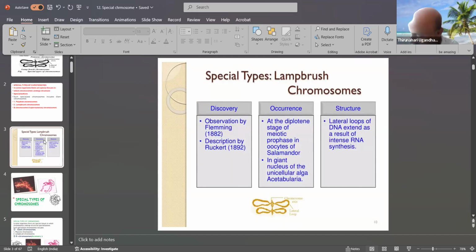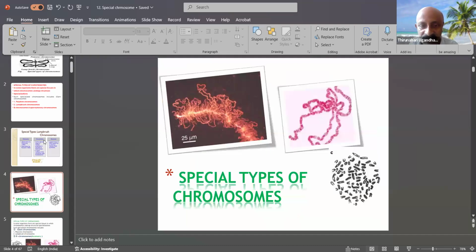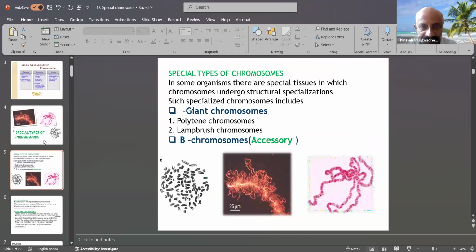So this is a special part of the chromosomes which occurs in the oocytes of salamanders. Salamanders are amphibians, reptile-like. So this special type has special characters and structural differentiation.